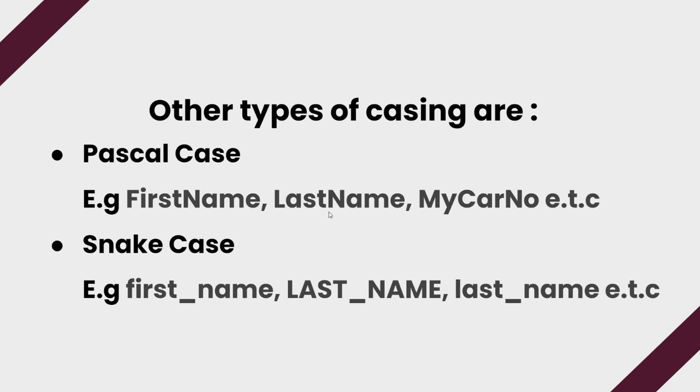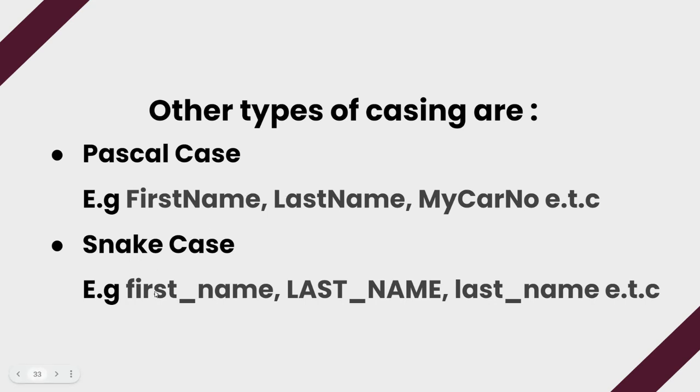It also applies to the last name and also to my car number. So the Pascal case and the camel case are quite similar. The only difference is that in the camel case, the very first word is in lowercase, but for the Pascal case, every word has its first letter in uppercase.